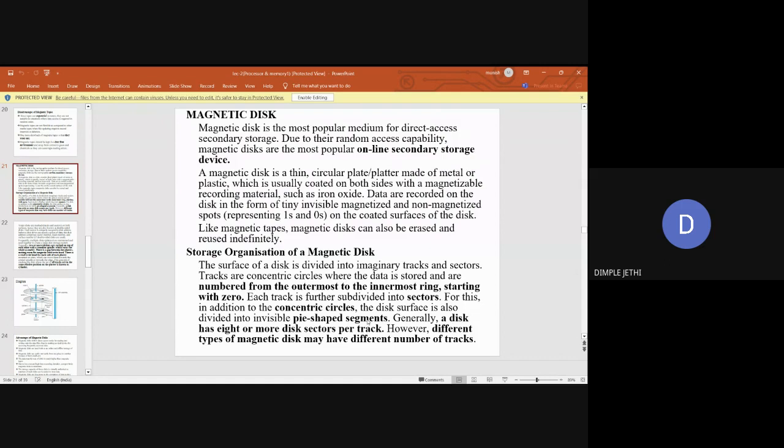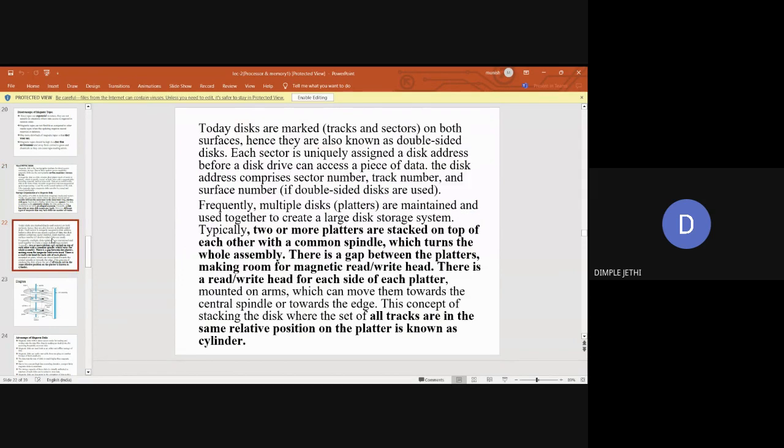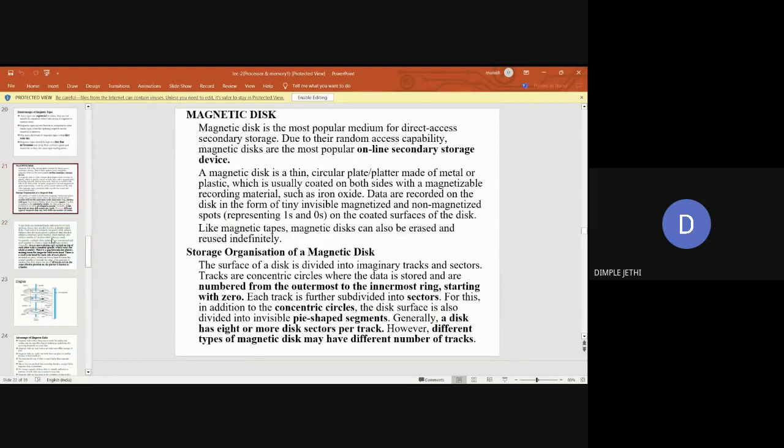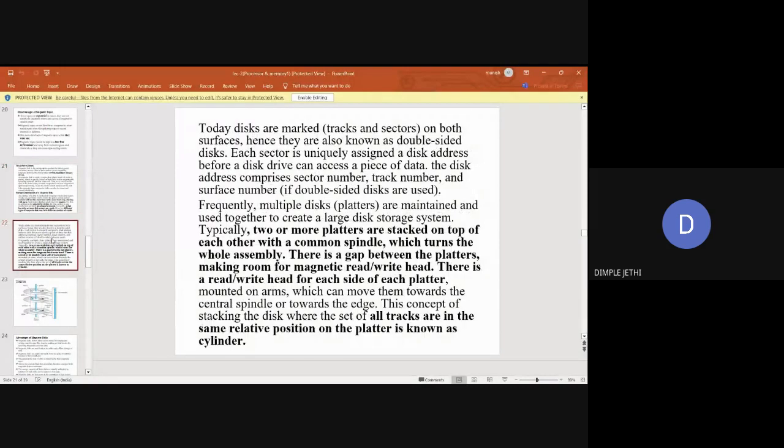Generally a disk has 8 or more sectors per track. But different disks may have different numbers of tracks; the number of tracks is not fixed. Generally one track is divided into 8 or more sectors, and we number these circles starting from 0, from outer to inner.